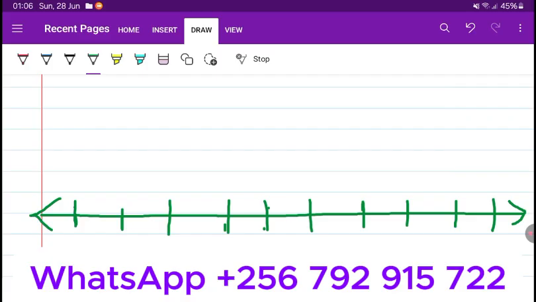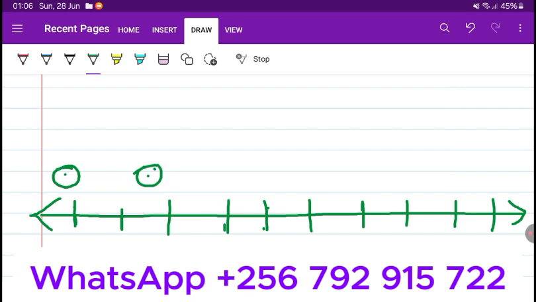Then they put a dot where they start plotting. Maybe that's their minimum entry. Then they come to the Q1, that's the lower quartile, maybe it's around there.